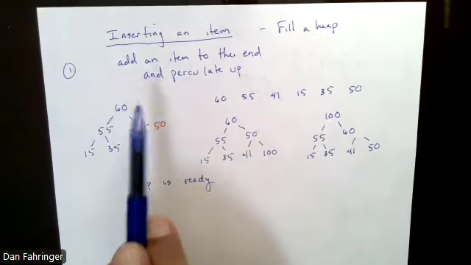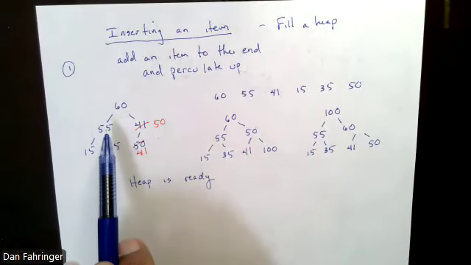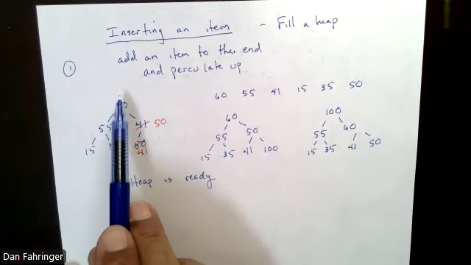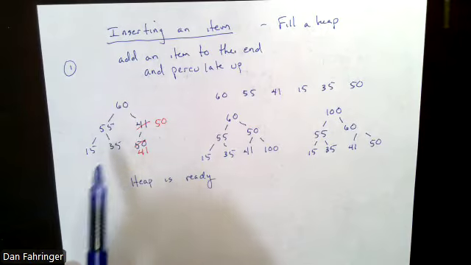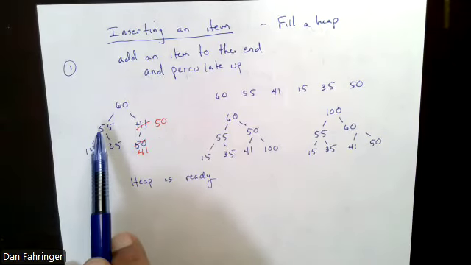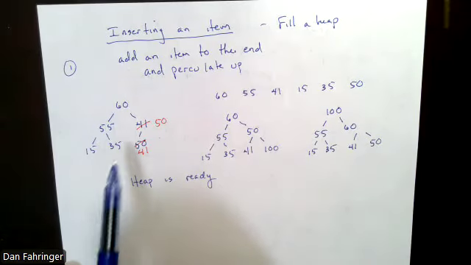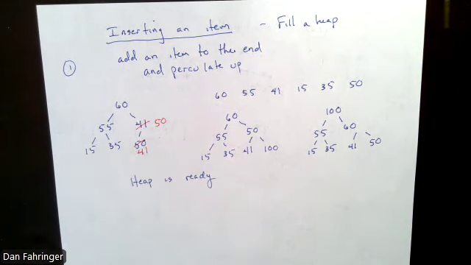I inserted 60. I inserted 55. I might have to percolate up. I inserted 41. I might have to percolate up. I inserted 15. I may have to percolate up 2 levels. So there's a lot of checking and percolating that would be going on in order to get this heap ready to do the heap sort.